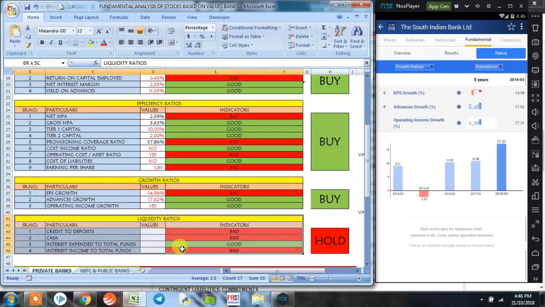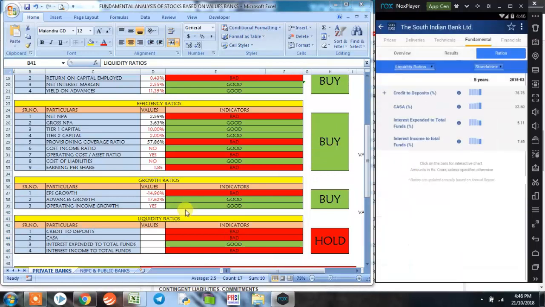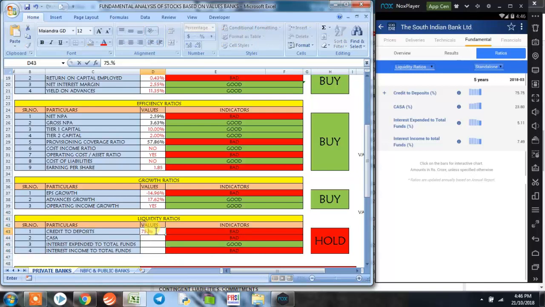Now coming on to liquidity ratio, under the drop down menu we select liquidity ratio. The first is credit to deposits, which is 75.75. The CASA, that is current account savings account, is 23.80. Interest expended to total funds is 5.11, and interest income to total funds is 7.49.